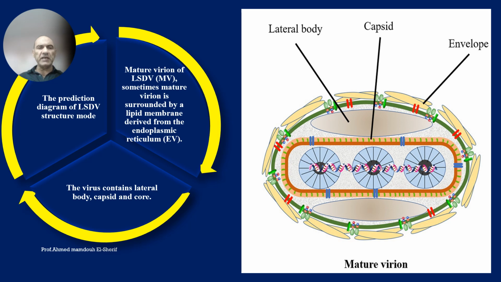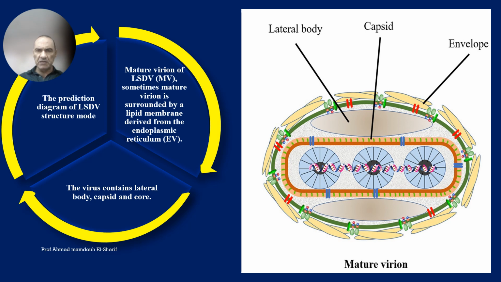The prediction diagram of lumpy skin disease virus structure model also shows, in this picture, the mature virion of lumpy skin disease virus. Sometimes the mature virion is surrounded by a lipid membrane. It is the envelope.